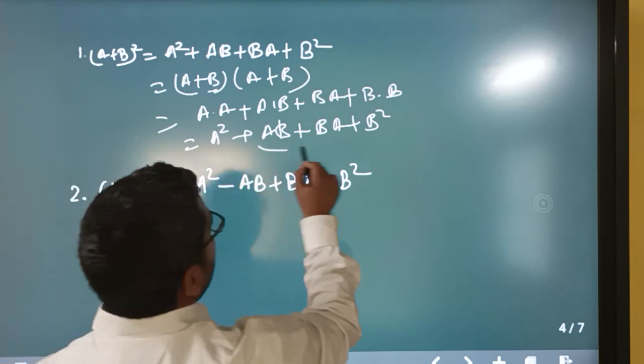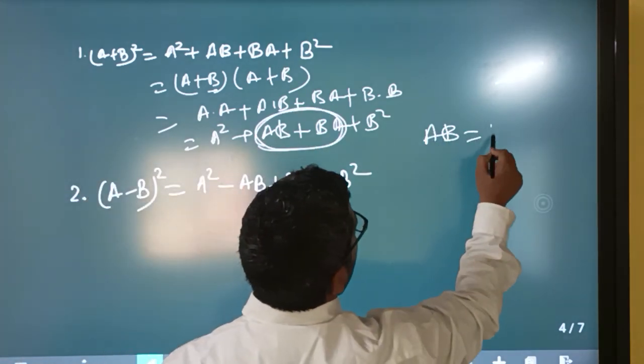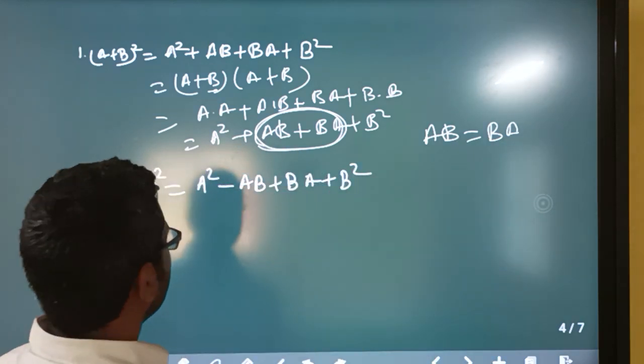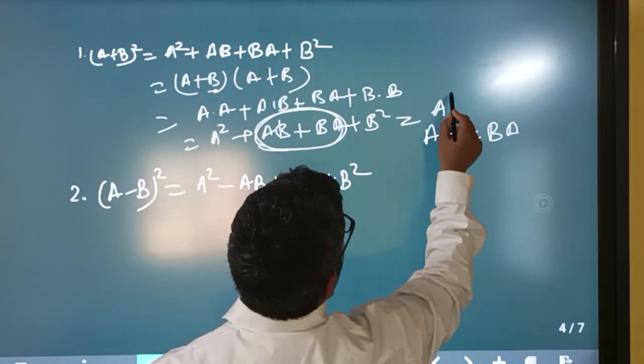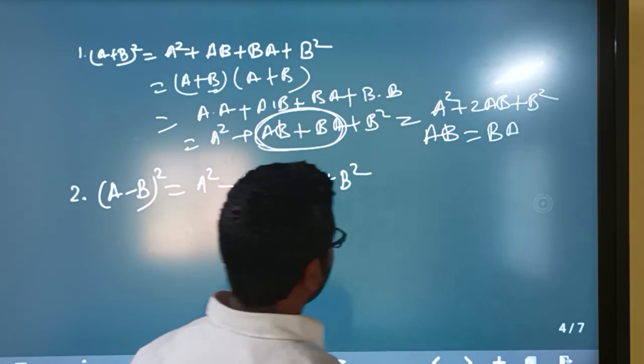Similarly, in case AB equals BA, then we can put the value: A squared plus 2AB plus B squared.